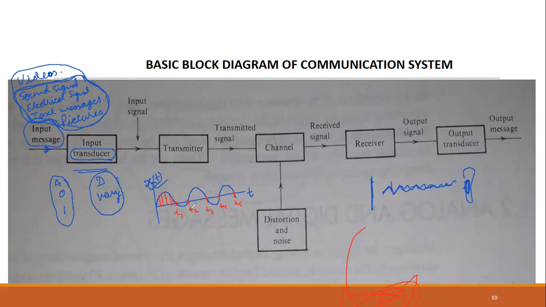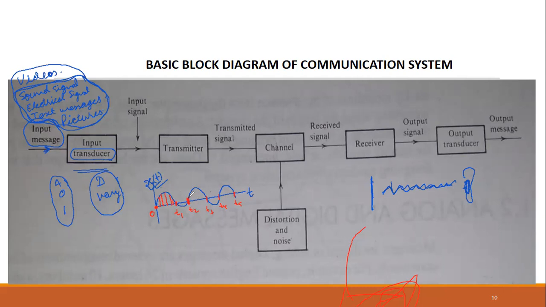So from point 0 to t2, how many values of this signal are there? From 0 to t2, how many values of this signal are there?